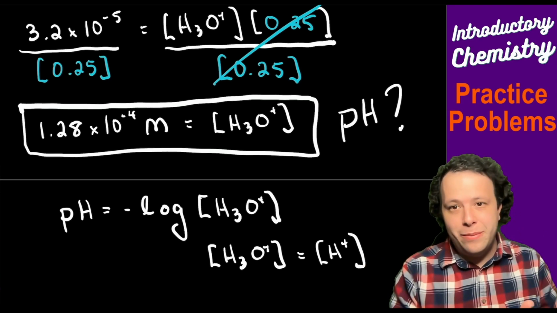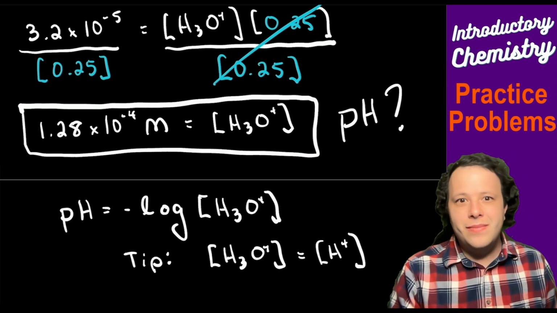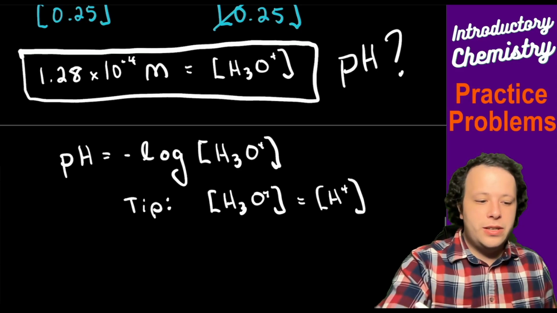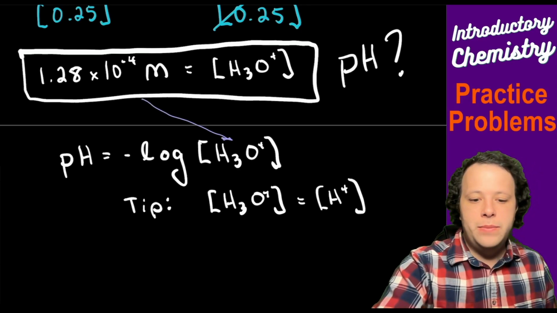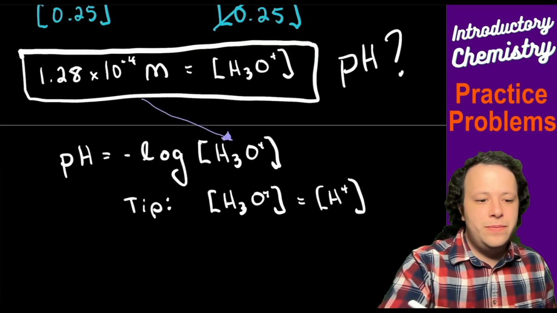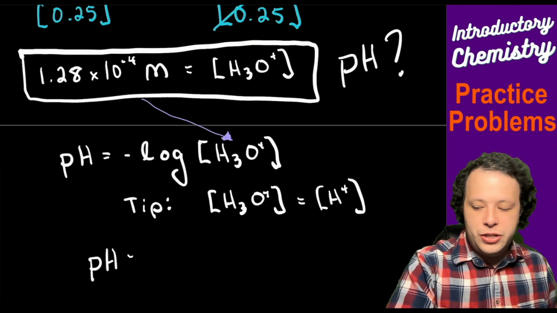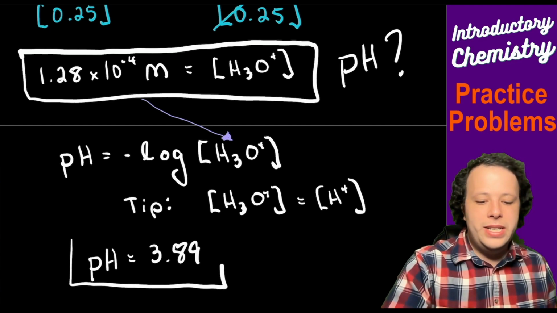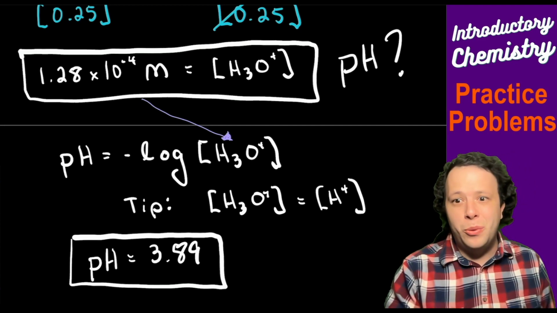So that's another little tip for a practice problem. When we have this, we plug our value into this equation. So the 1.28 is going to be plugged into this, and when we take the negative log of 1.28 times 10 to the negative 4, we get a pH of 3.89.